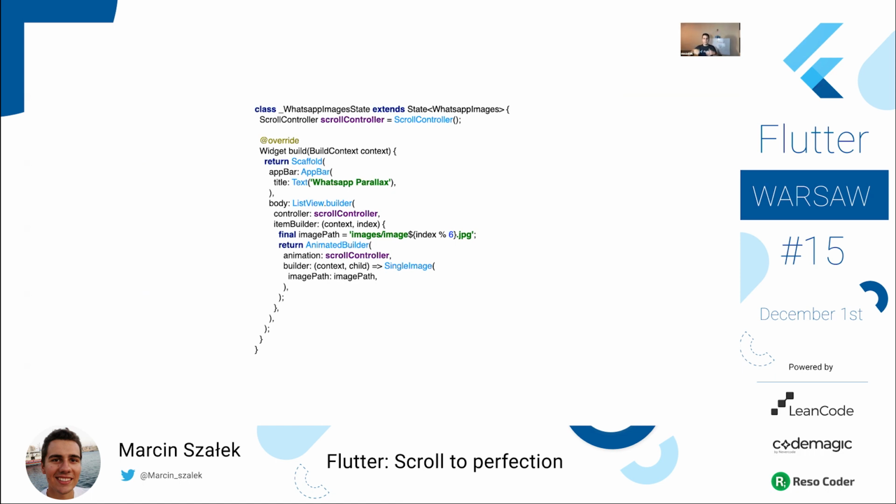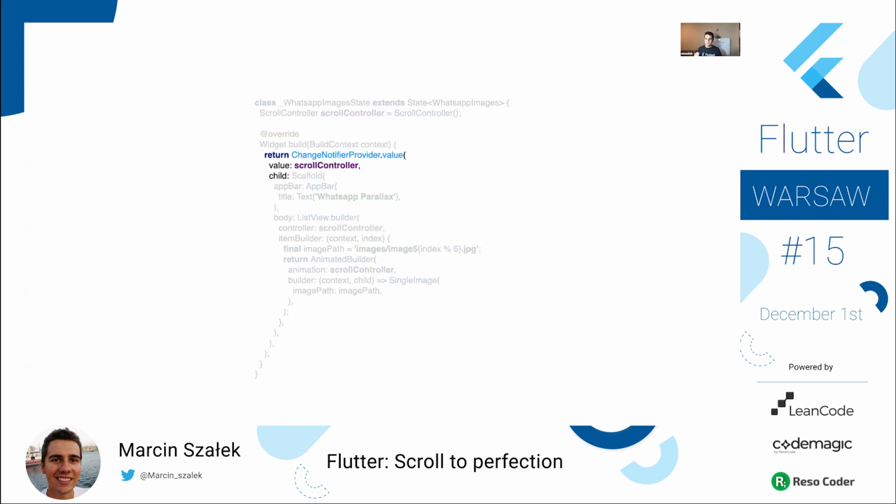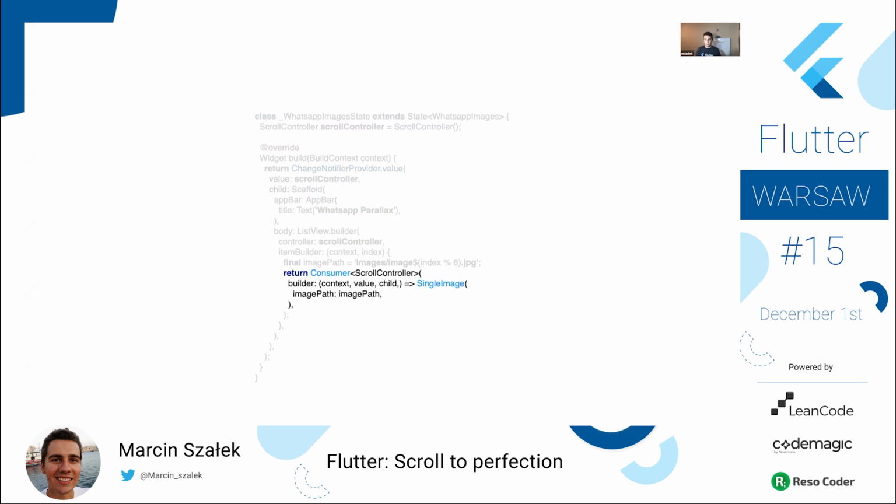So right now we have the AnimatedBuilder example, right? And what we can do is use ChangeNotifierProvider to pass the scroll controller, and then use the Consumer. And it will also cause the widget you want to rebuild every time the scroll controller changes. So this is another example of how you can optimize your rebuilds with scroll controller.